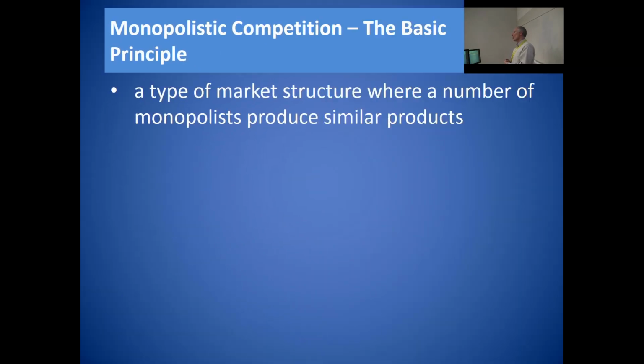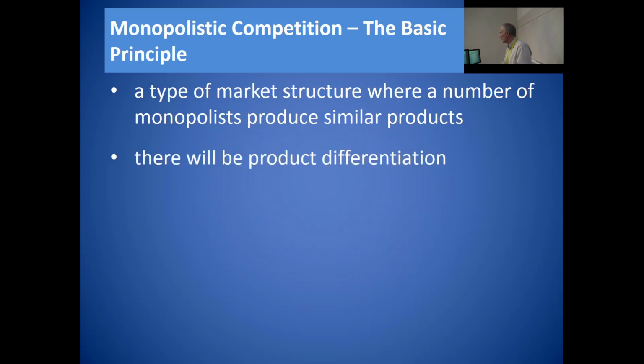Monopolistic competition. We said this was a type of market structure where a number of monopolists compete against each other, which in itself might seem a little bit strange. If it's monopolist, surely a monopolist produces a unique good, so how can other firms compete against it? Well, in monopolistic competition, what we have is a number of monopolists, each producing their very own unique good.